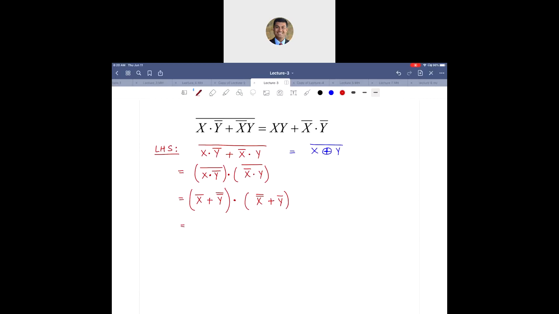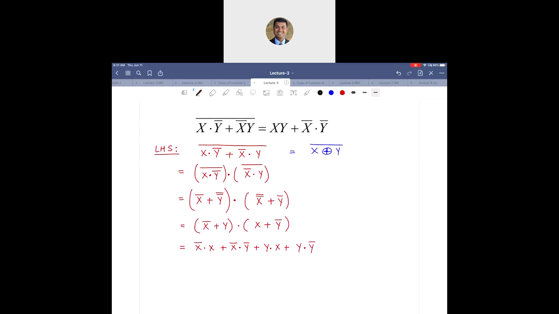The next step would be to simplify it down to X double complement becomes X, Y complement remains as is. Next, again, I can use FOIL to expand these out into 4 product terms. So I got X complement and X, or X complement and Y complement, or Y and X, Y and Y complement.